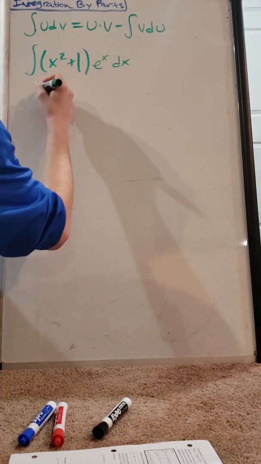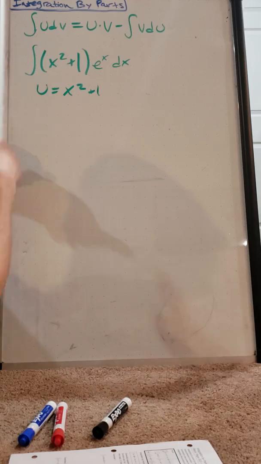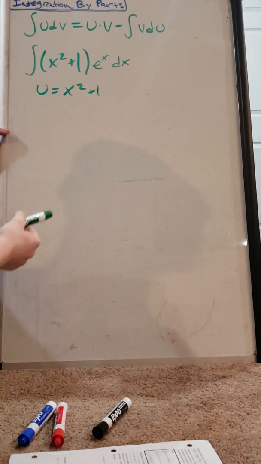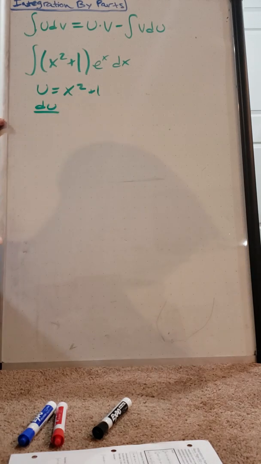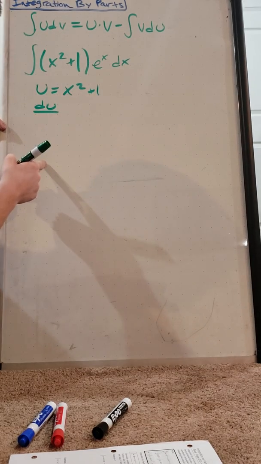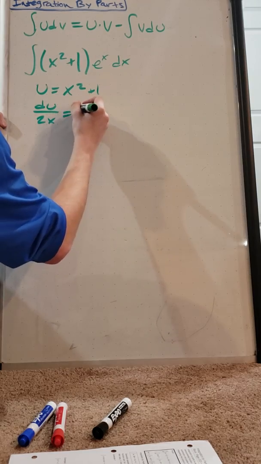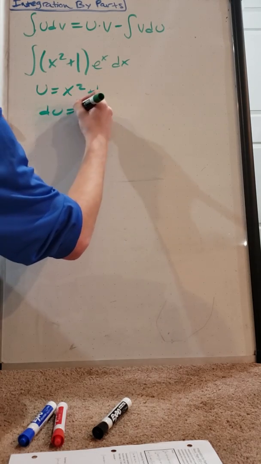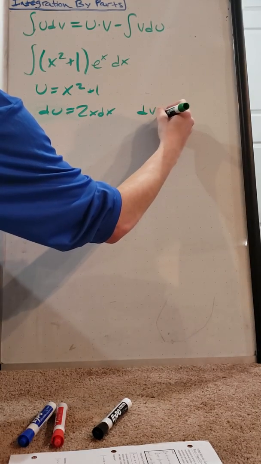You want to substitute x squared plus 1 in for u, because this is a polynomial and this is an exponential, and in LIPIT P comes before E. So du equals 2x dx, and your dv would be e to the x.